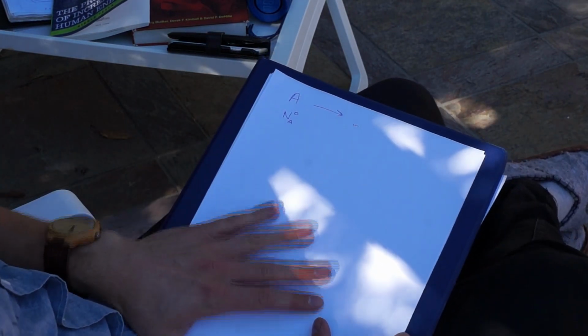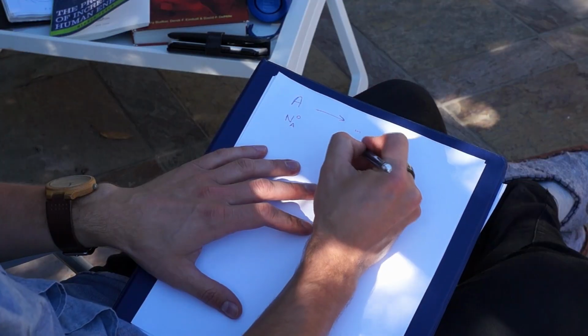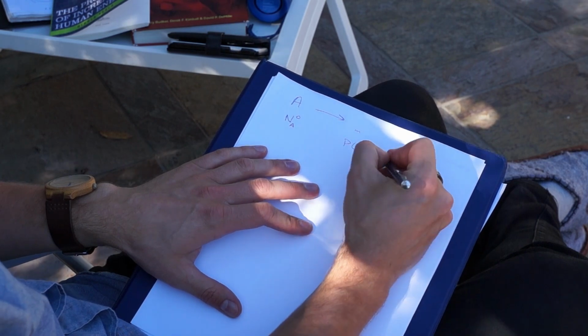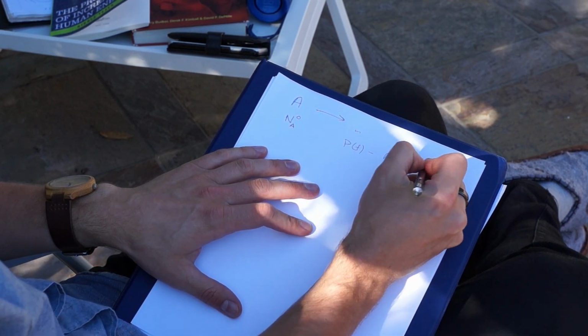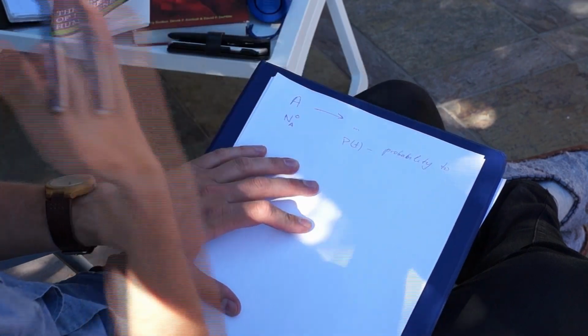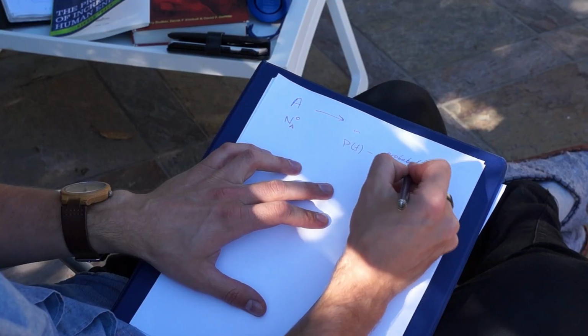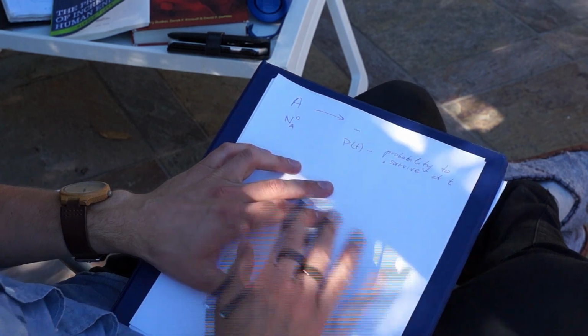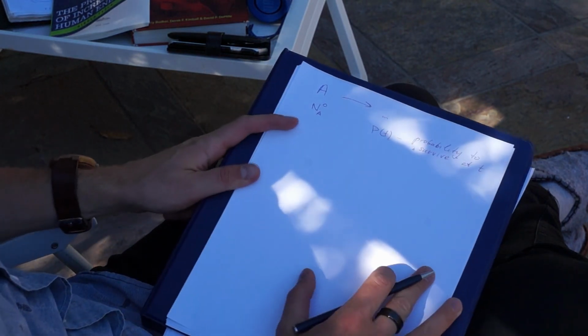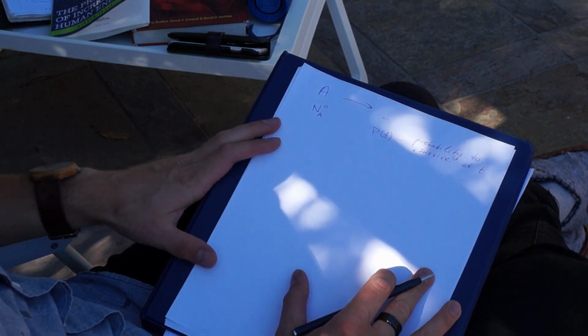In order to describe what's going on with the molecules, let's introduce such a thing as P, the probability to survive. Let's introduce it that way, and we'll see why it's useful. Probability to survive at time t.